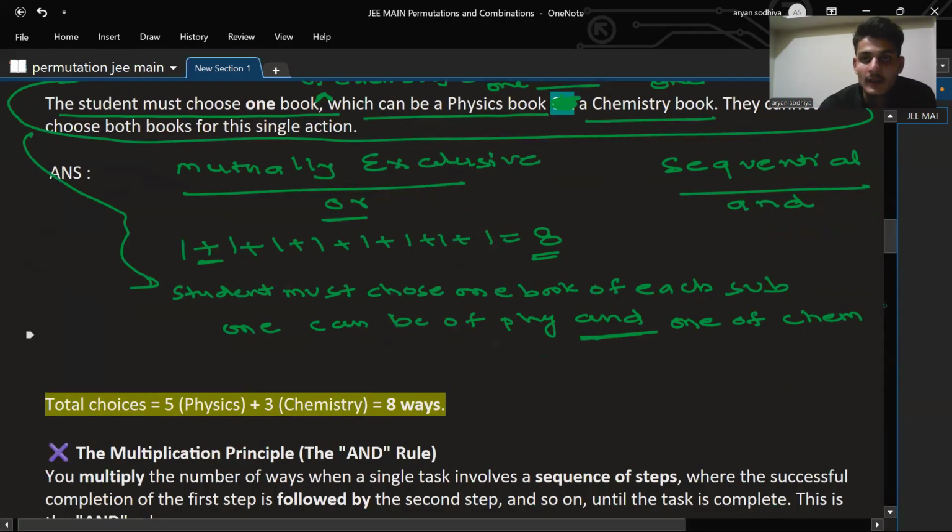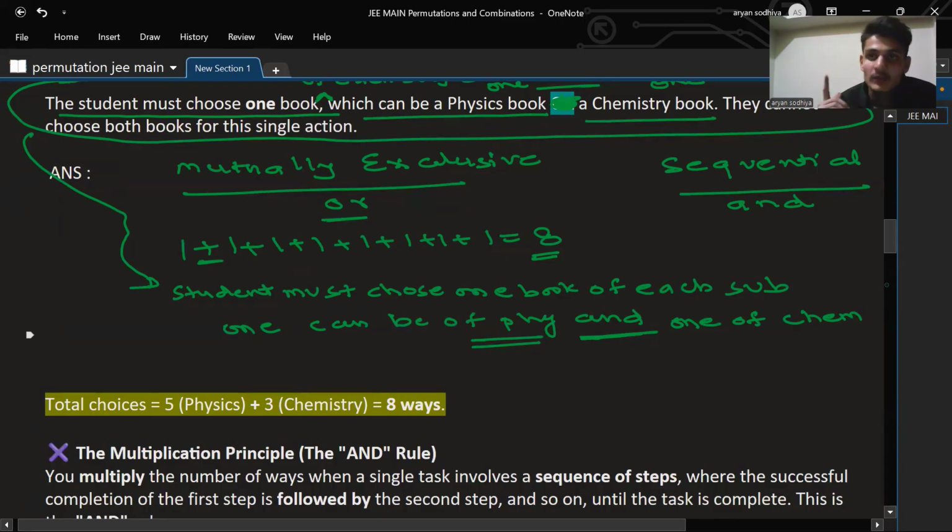You will see why people get stuck here. Previously it was simpler: there are 8 books, you need to select one, either. But here now there's this slight trick. One book of each subject. So first of all, you will complete the first part, just selecting one physics book, which can be selected in 5 ways because 5 different books of physics are there: S.C. Verma, Arihant, 1 2 3 4, NCERT, as well as Singh.